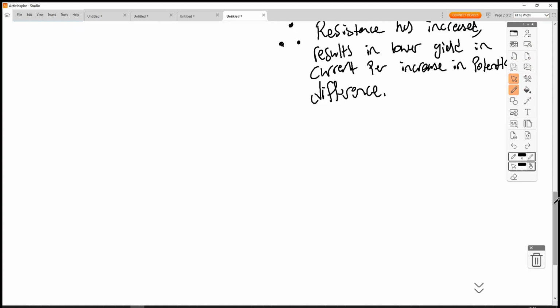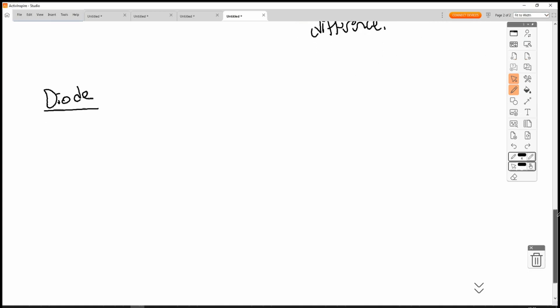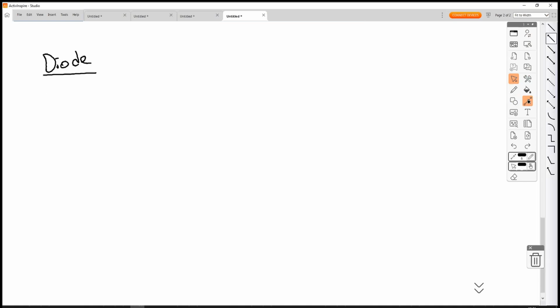And then we will move on to the diode. Similar sort of graph again.